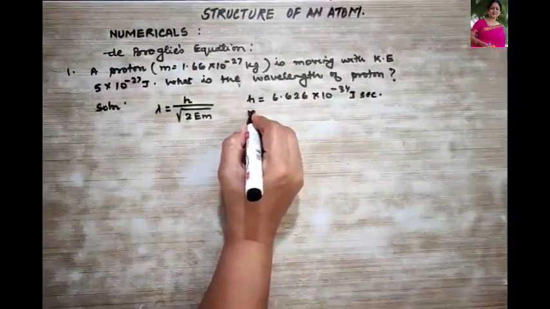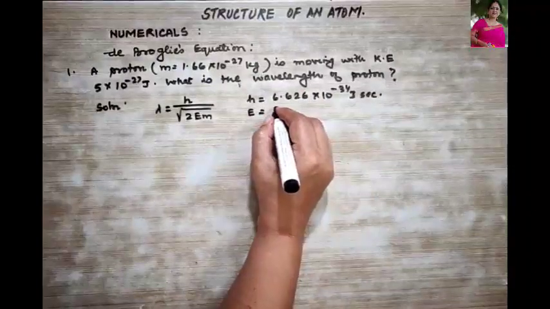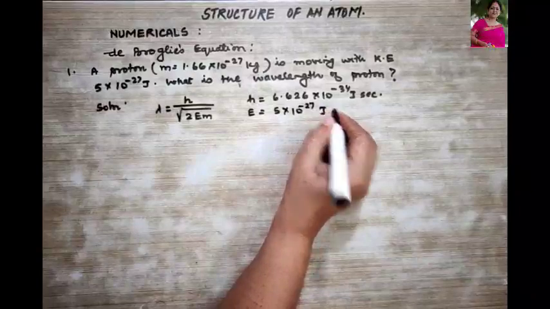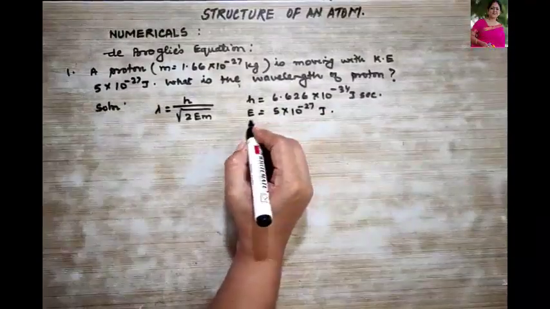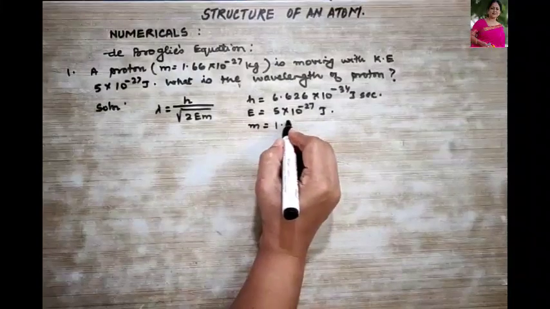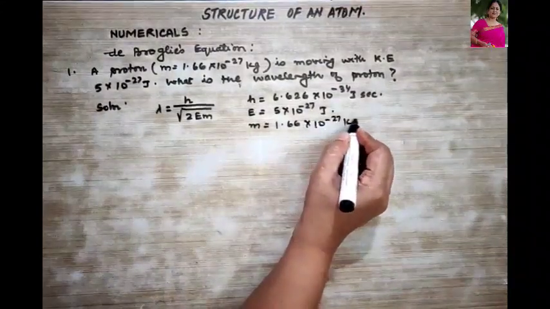Then what else do we know? The kinetic energy is given as 5 into 10 to the power minus 27 joules. And the mass given of a proton is 1.66 into 10 to the power minus 27 kg.